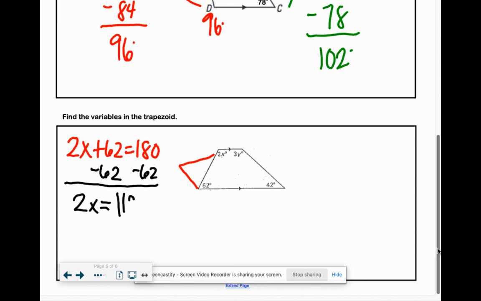Perfect. Then we'll divide out. 59, I think. And pretty similar idea to find y. Those two still have to add to 180.